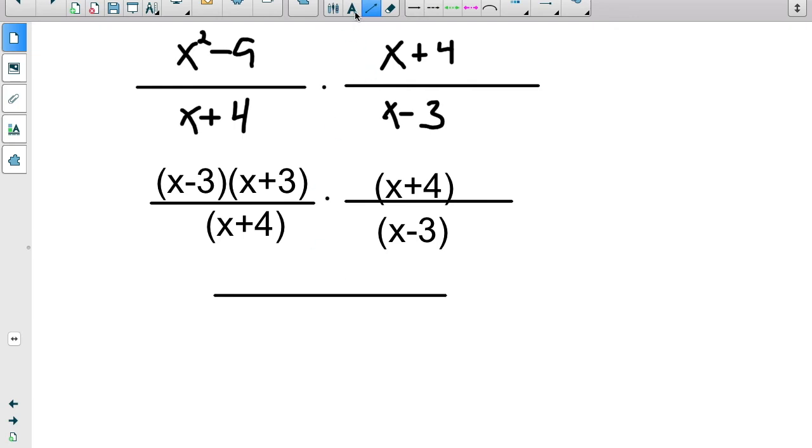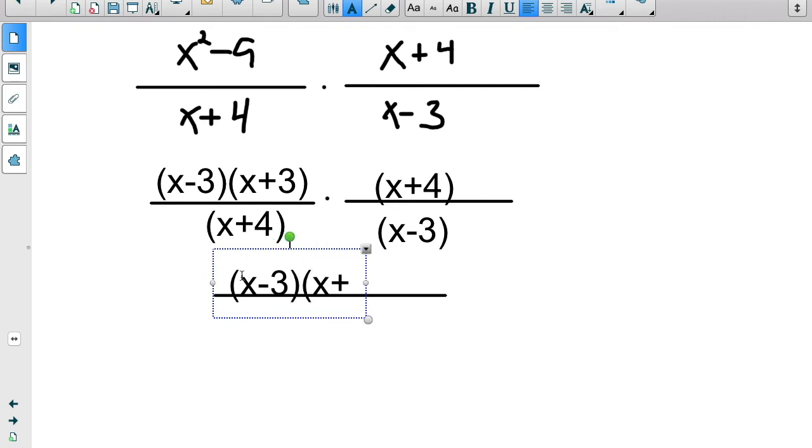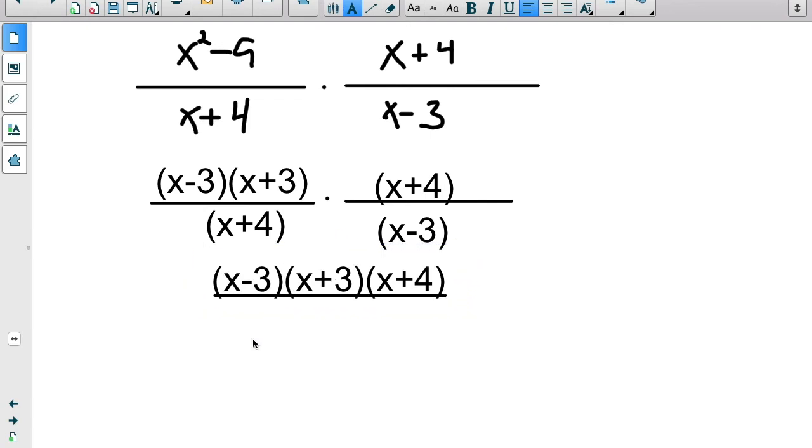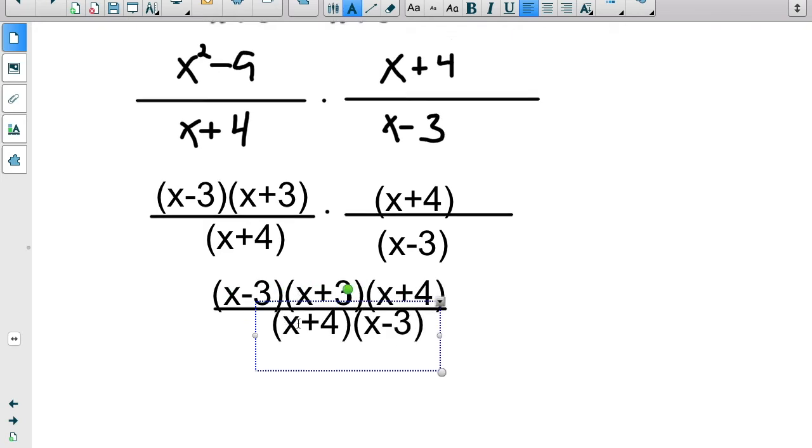So if I multiplied them all together, what I would get on top is x minus 3 times x plus 3 times x plus 4. On bottom, I would have x plus 4 times x minus 3.